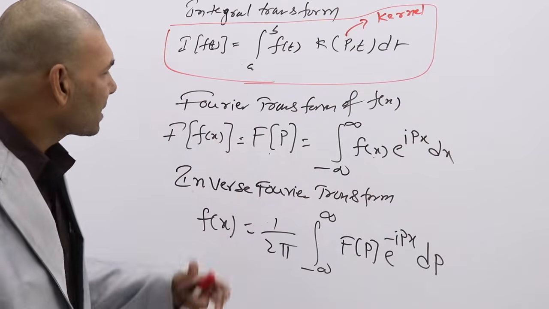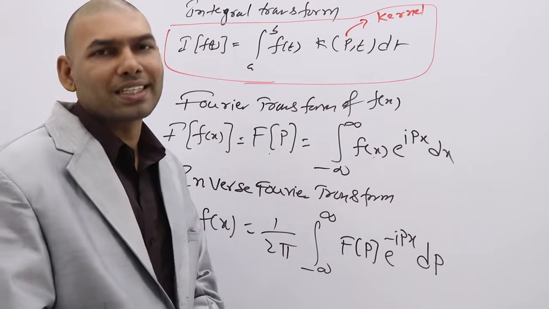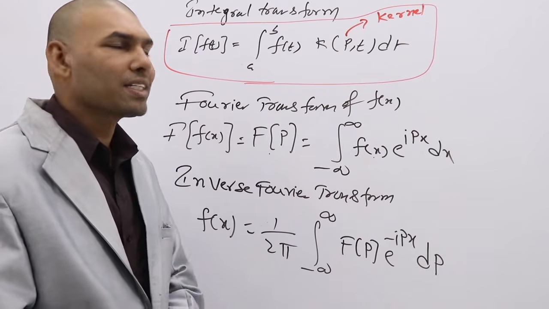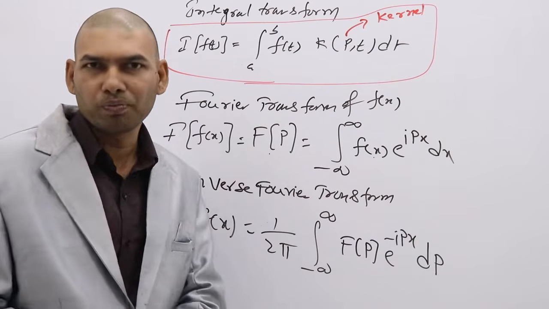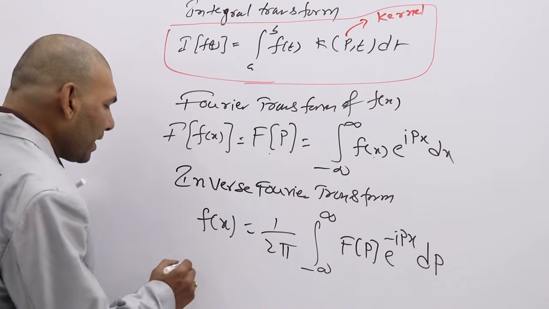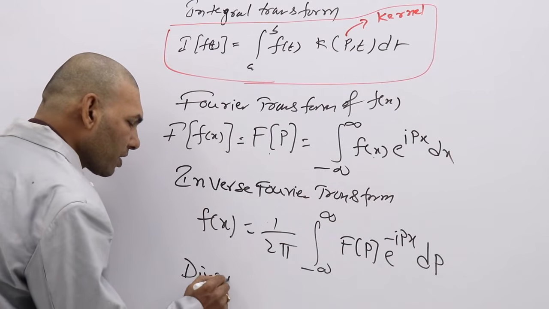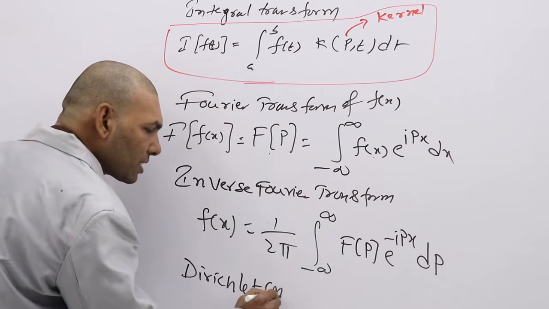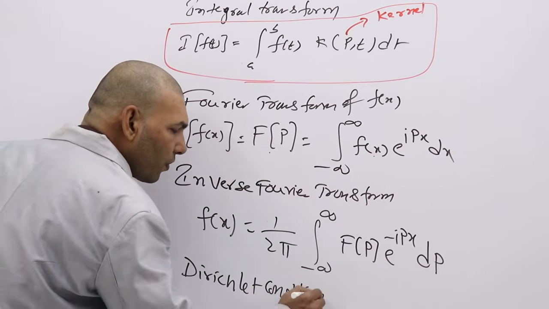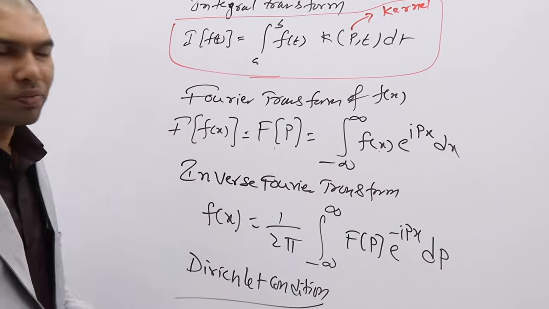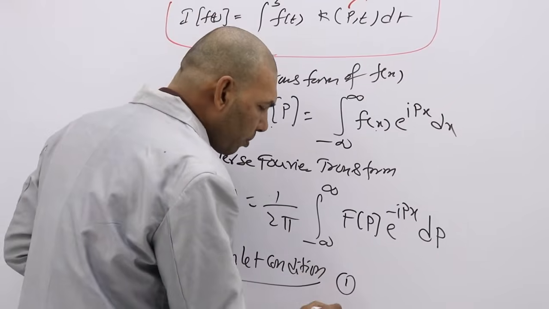What are the necessary conditions for the existence of the Fourier transform? We call them the Dirichlet conditions for existence of the Fourier transform. There are two most important points.